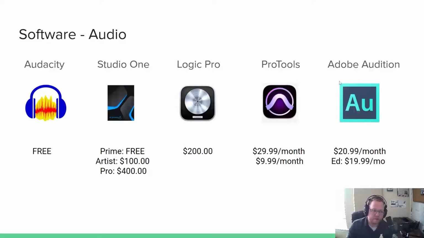Something else to look into with all of these softwares is that if you're about to go to college or if you're in college right now, a lot of schools have deals with certain companies where these softwares are readily available to you for free. So in school is the best time to figure out what kind of investment you're ready to make, because a lot of the times this stuff is available to you at a discount or even for free.